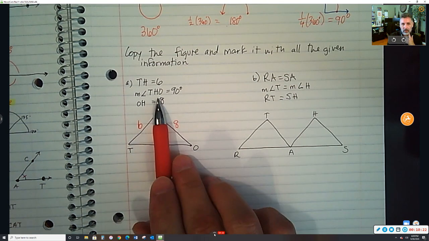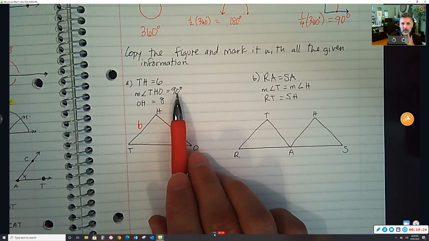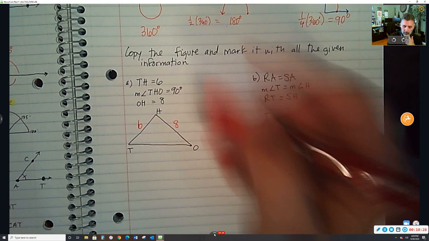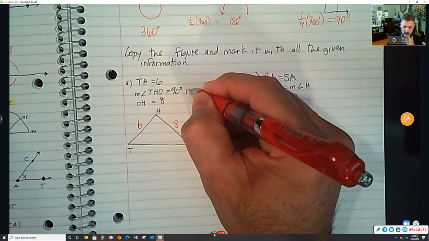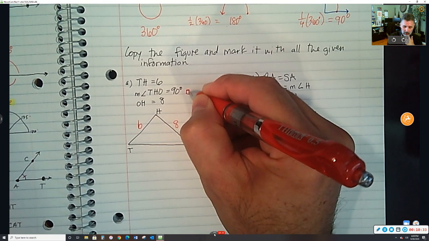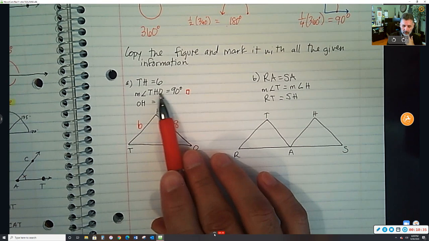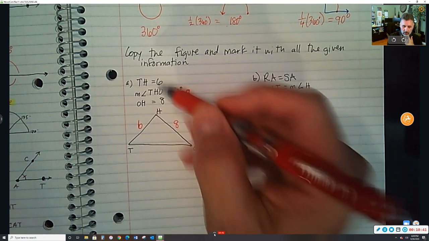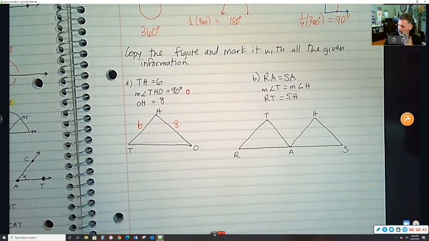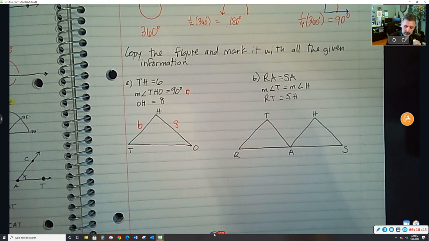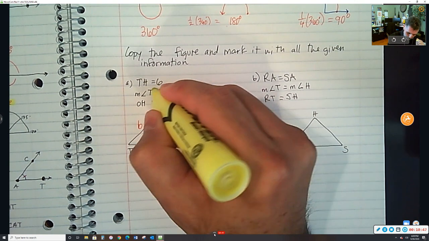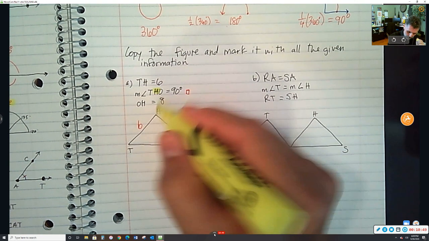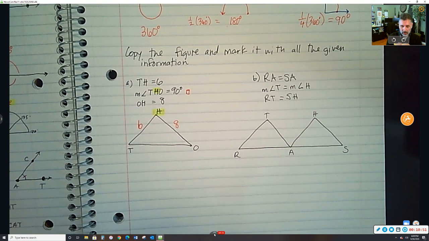And then for this one, 90, the way we show 90 degrees in an angle, 90 degrees is always, we call it square. Okay, so what we do is we find the angle first, THO. So here's THO. The middle letter is the vertex, and that pretty much tells me where the angle is, right?